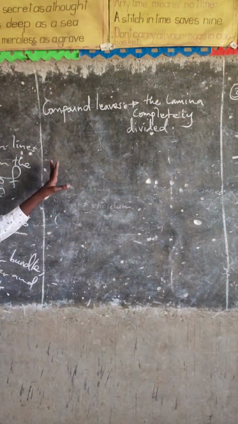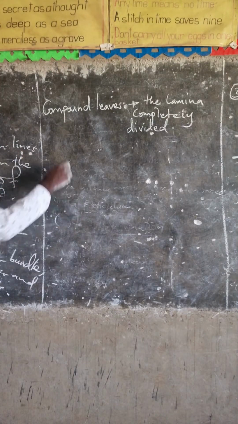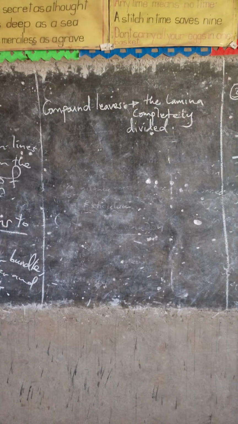For any leaf to be called a compound leaf, it must have its lamina completely divided. But the type depends on the leaflets formed.